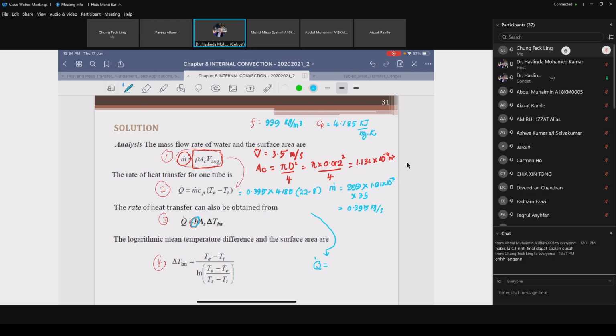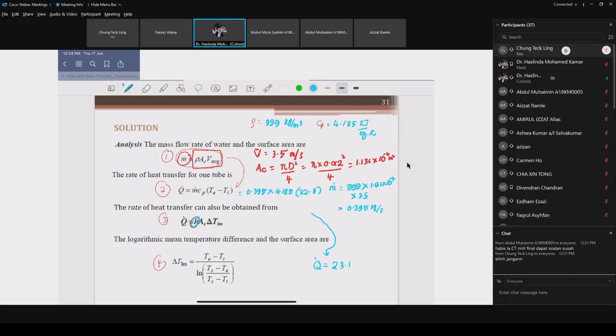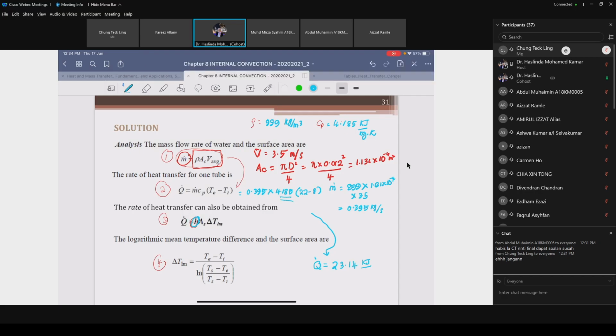Siapa yang dah kira? 23.143. Oh lah ya. So kilojoule. Why kilojoule? Sebab we use kilojoule kan for the CP. So because of that, the unit is kilojoule.